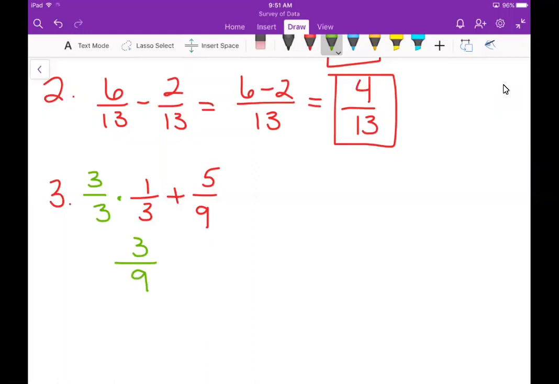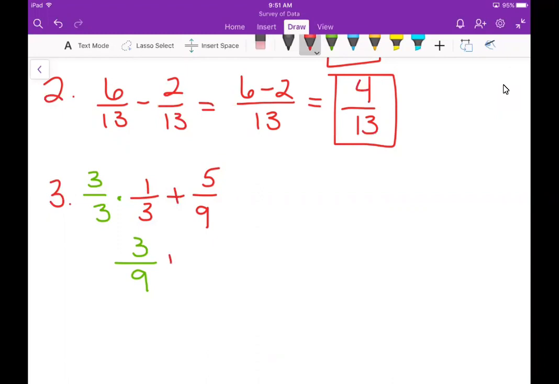1/3 is the same thing as 3/9. If you were to simplify 3/9, you would get 1/3. So I'm just changing that fraction by multiplying it by essentially a fancy version of 1 to get it to have a common denominator with my other fraction.